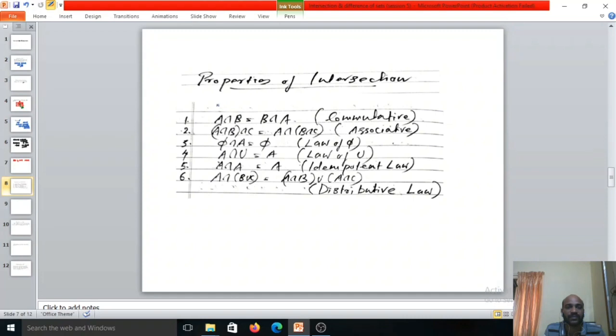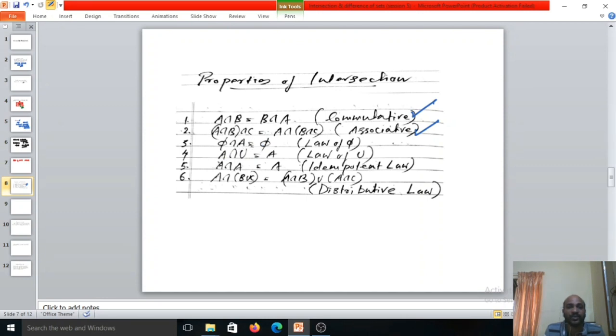Okay. Now we can study properties of intersection. Intersection satisfies commutative property. Means A intersection B is always equal to B intersection A. It satisfies associative property because for any three sets A, B and C, A intersection B intersection C is equal to A intersection B intersection C. Then law of phi, null set intersection A will always be equal to null set because there is no common element.